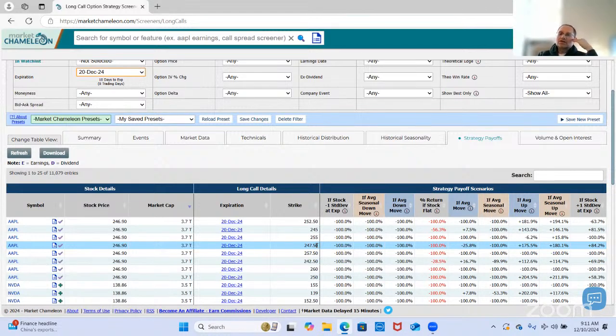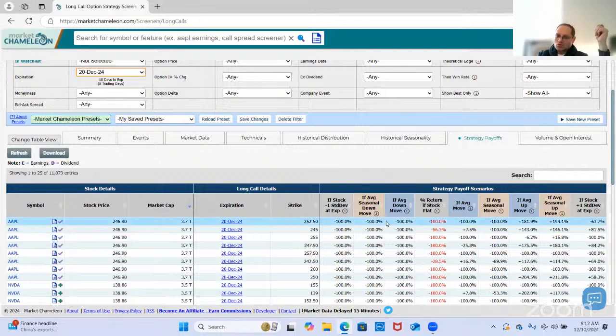We could also look at it from the perspective of, what does the stock move on average in this 9-day holding period. So you can look at historical data and say, give me the positive and the negative moves. On average, what does it move? Is it slightly positive? Is it slightly negative? Is it very positive? So give me the average move. And here we have two average moves. One is based on a seasonal move.